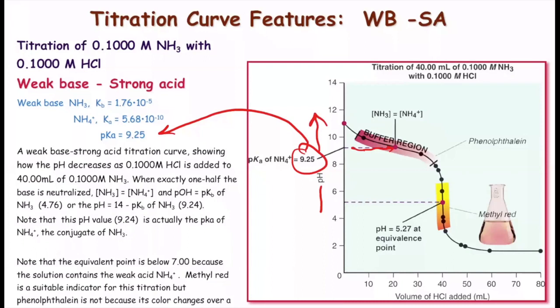For a pOH scale, it would be what? 4.75. If it was a pOH scale, it would be 4.75 because 14 is equal to the pKa plus pKb. Anyway, it's high, it drops to the equivalence point, and then it levels off. That's your feature for that.